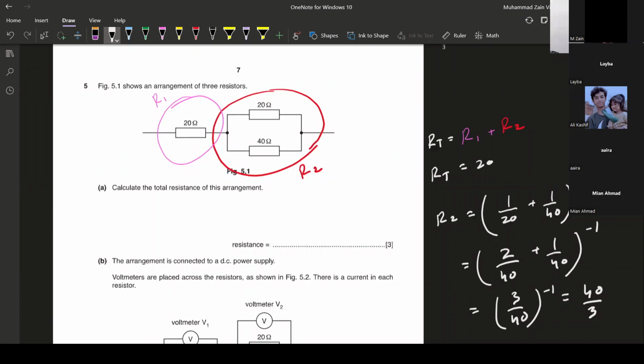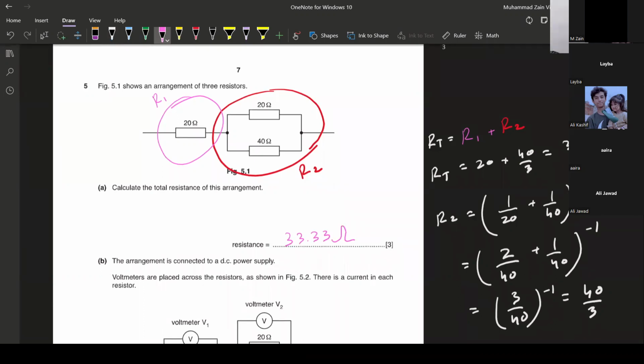So I just simply add it to the previous part, 20 plus 40 divided by 3, and this will give me the total resistance, which will come out to be 33.33 ohms.